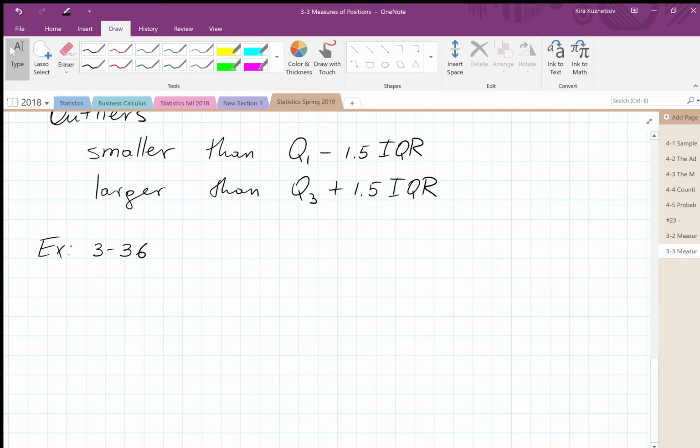So 3-36 gives me a few numbers: 5, 6, 12, 13, 15, 18, 22, and 50. So in order for me to find my Q1, Q3, I need to find a median. Notice that I have 8 numbers.